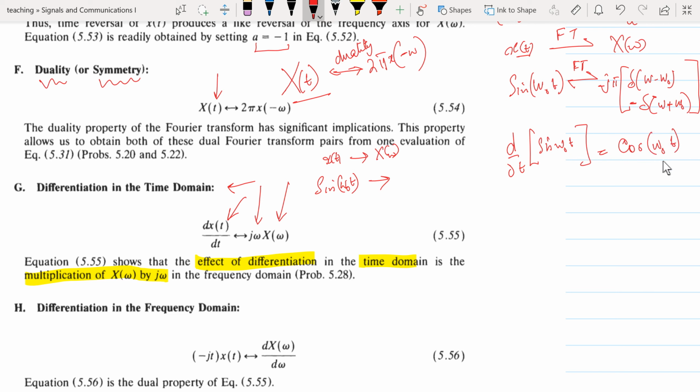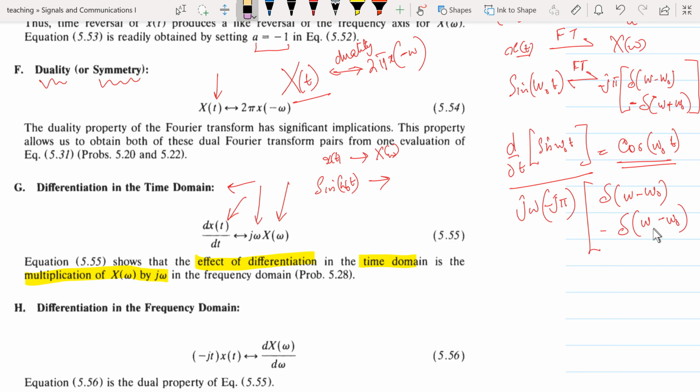And therefore, without wanting to know the Fourier transform of this new function cos omega naught t, we can just say that for the Fourier transform of this derivative, we will just introduce this j omega to our Fourier transform that was minus j pi, and then we keep other terms as they were, minus delta of omega plus omega naught, not omega naught plus omega naught, rather omega plus omega naught. Sorry. Yes.